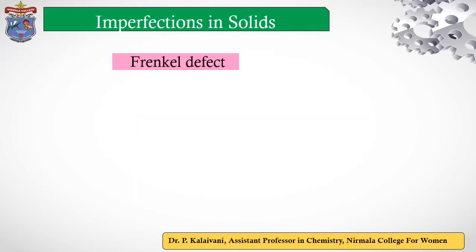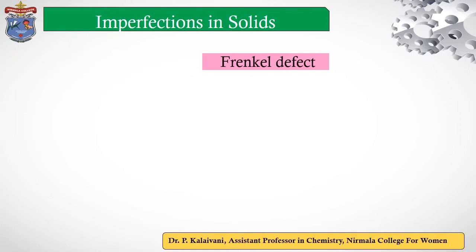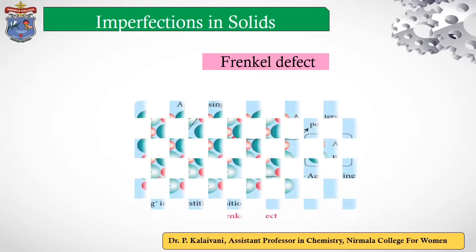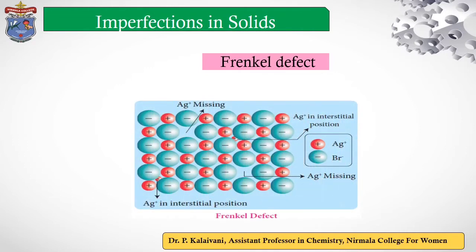Frenkel defect. It is created in the crystal when an ion, it may be cation or anion, is missing from its lattice position and occupies the vacant interstitial site existing between the cations and anions. Since the number of cations and anions remain same, there is no change in the density of the crystal having Frenkel defect.